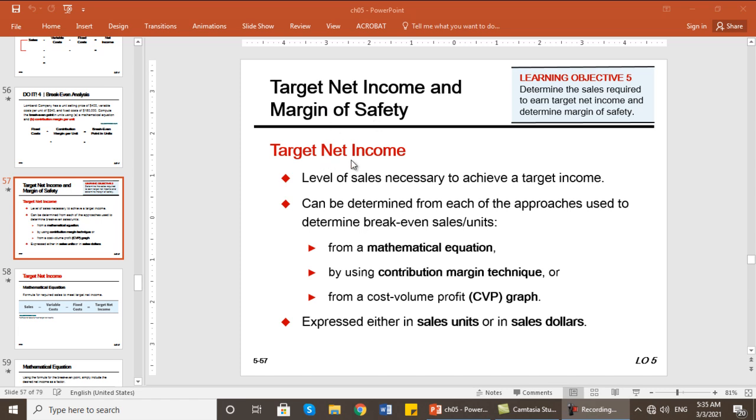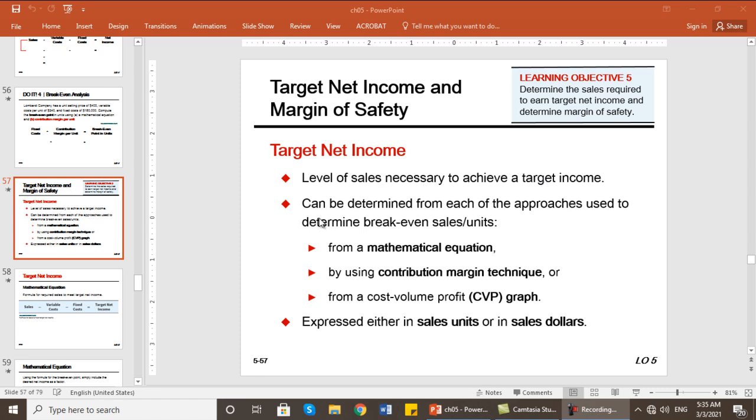Target net income means the level of sales necessary to achieve a target income. If we want to realize a net income next year of $1 million, how can we determine the sales required to achieve $1 million net income?